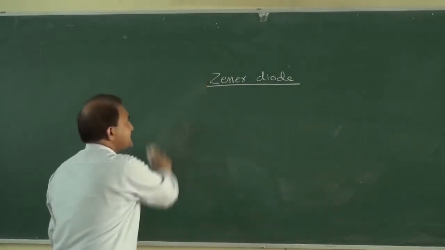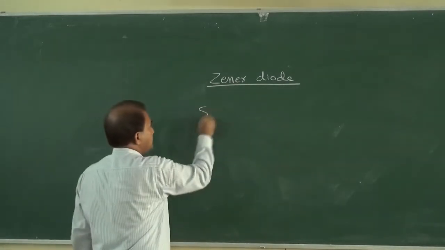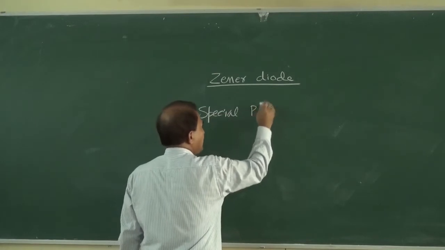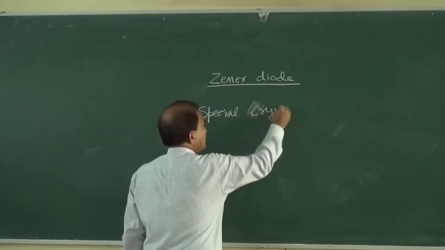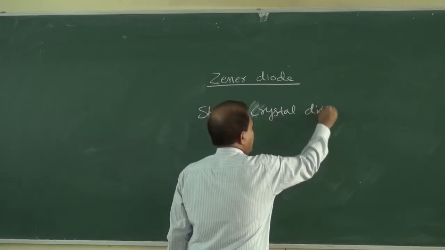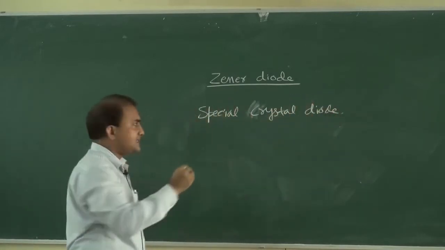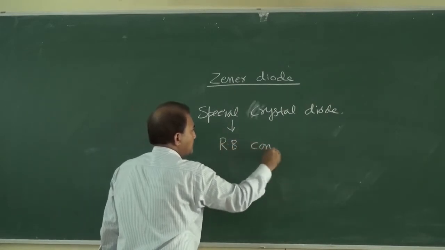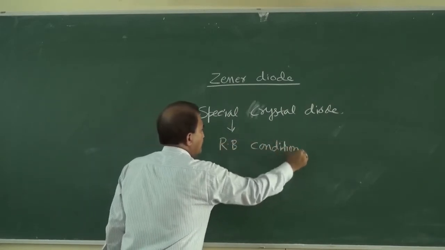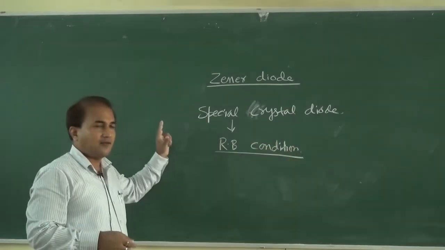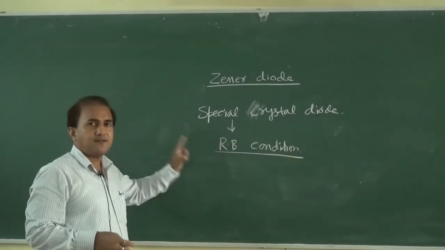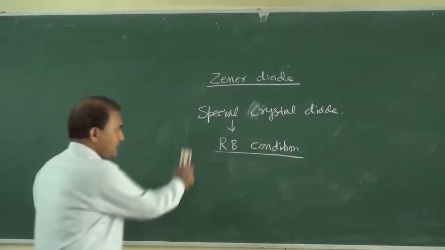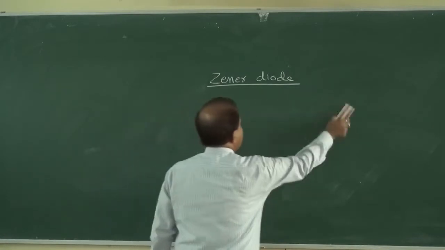Zener diode is a special purpose PN junction diode or special crystal diode that generally works in reverse bias condition. It has application in reverse bias condition. We will see its characteristics in forward bias as well as reverse bias case.